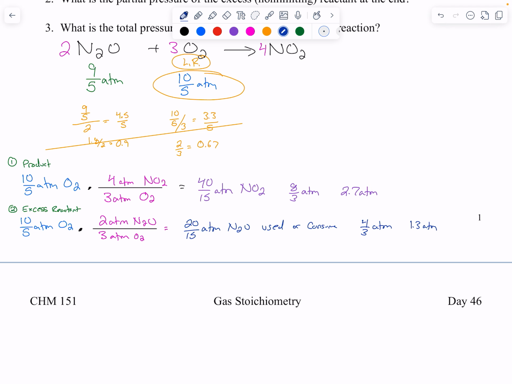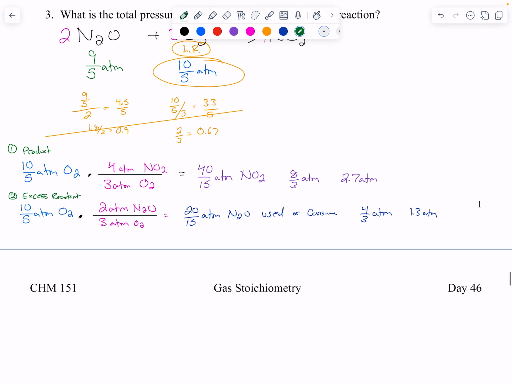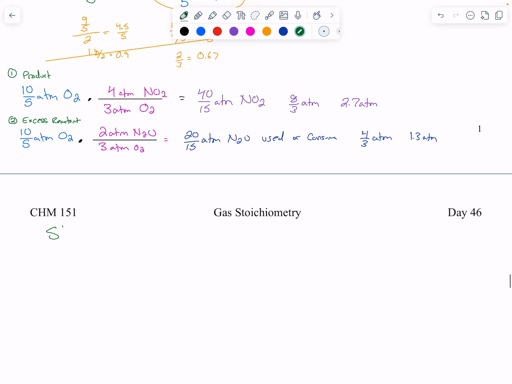So that means if I start with 9/5, well, let me give you some more space down here. We're going to start 9/5 atmospheres of N2O, and we're going to subtract 20/15.